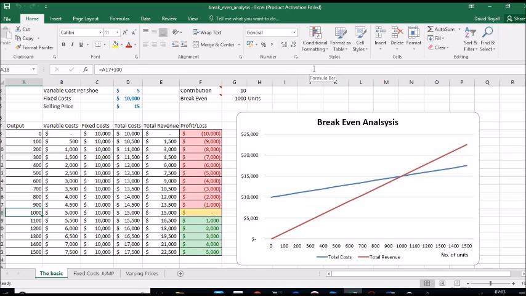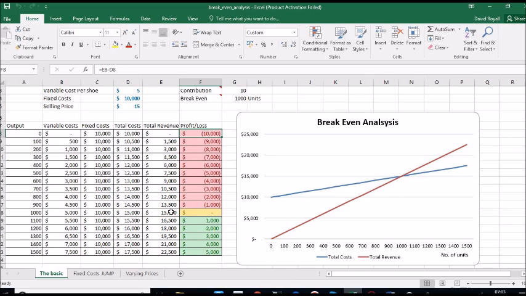We sell 1,000 pairs of shoes at $15 each. That's this figure here. Therefore, 1,000 times 15 is 15,000. So when we compare the total cost with the total revenue, we can determine whether we're making a profit or a loss.